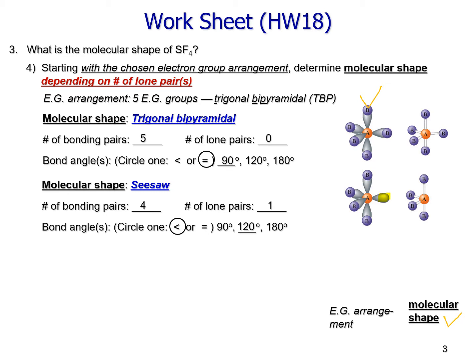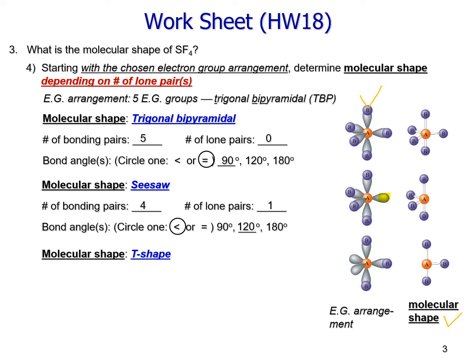Molecular shape is determined not only by the electron groups, but also by the lone pairs. If you do not like the number of lone pairs, you can say it's determined by the bonding atoms, because we start to see fewer bonding atoms. From 5 now to 4, and we can have 3.